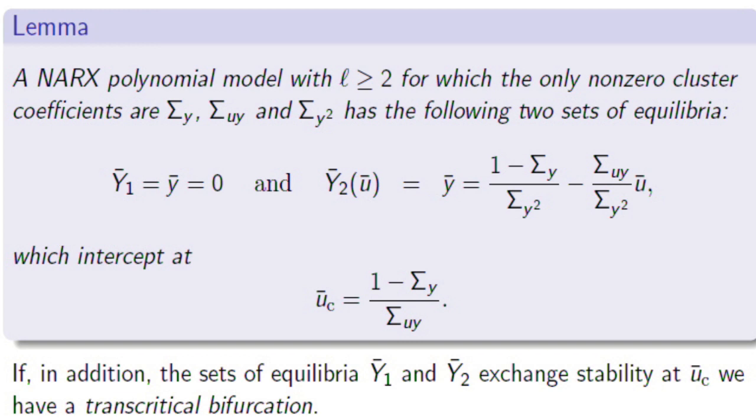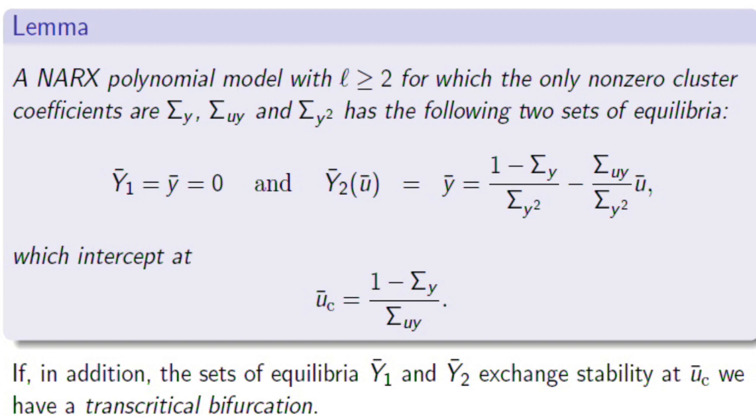Here, of course, the bifurcation parameter becomes my input. If this is true, then they intercept at this point. What about stability? I cannot impose that. If the test is good enough, the stability should be okay. I can test it after I get the model, but I cannot impose it so easily, okay?